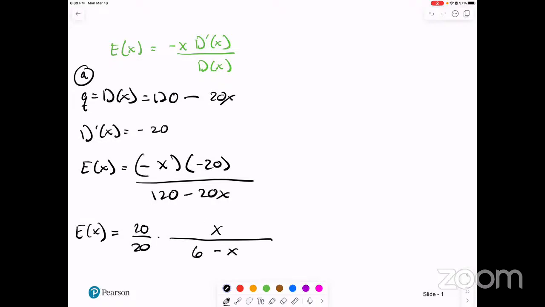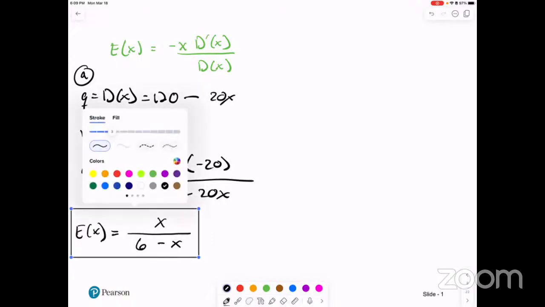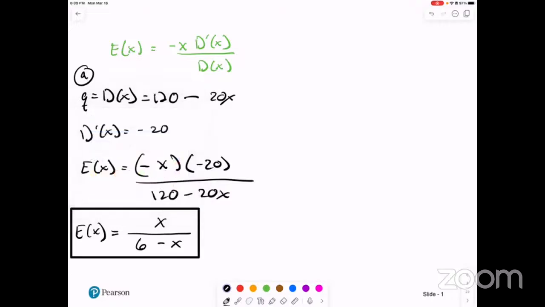So just for the sake of space, I think this is what we get. So after we simplify it, we got something like this. Okay. All right, so that's part A.